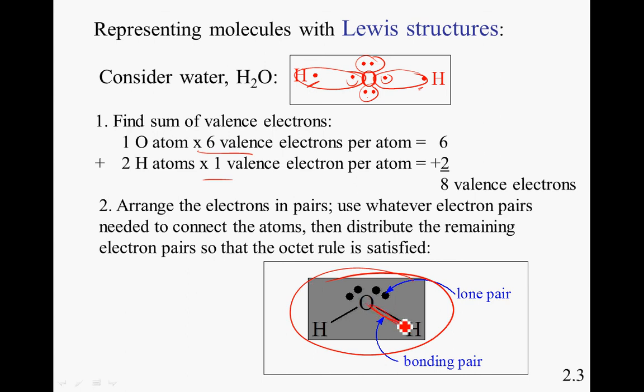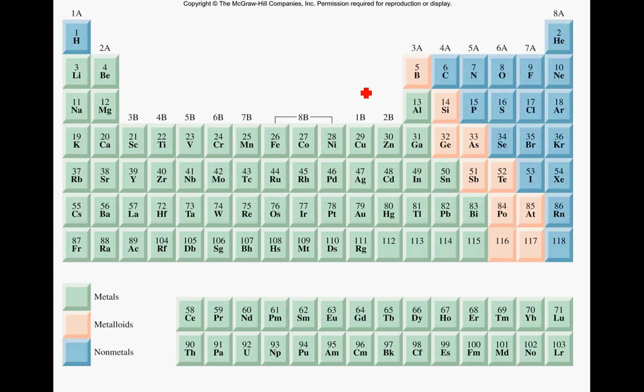These are called bonding pairs because these two pair up. And this is called a lone pair because they're all alone. Those 2 electrons don't actually get shared. Atoms will typically react or combine to have all the electrons paired up.